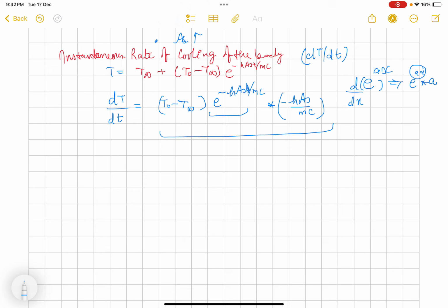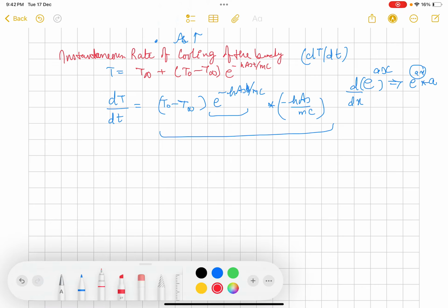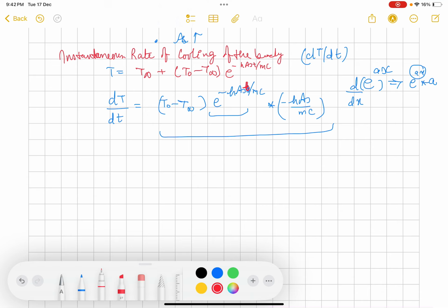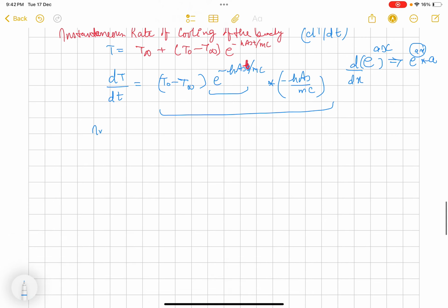So if we want to find the cooling rate at a particular time, we can find it by plugging in that particular value of t. If we want to find the cooling rate initially, when the body starts to cool, that is called the initial rate of cooling, when t is equal to 0.